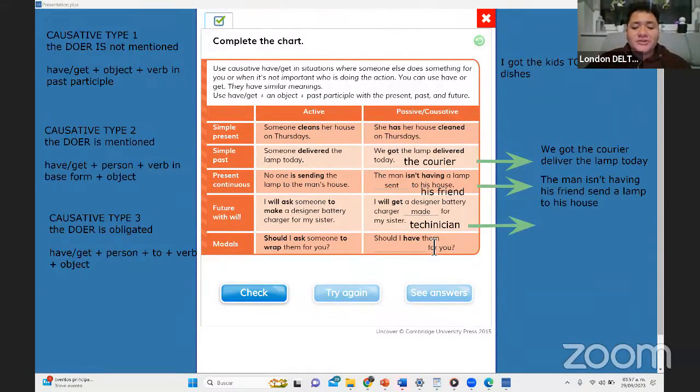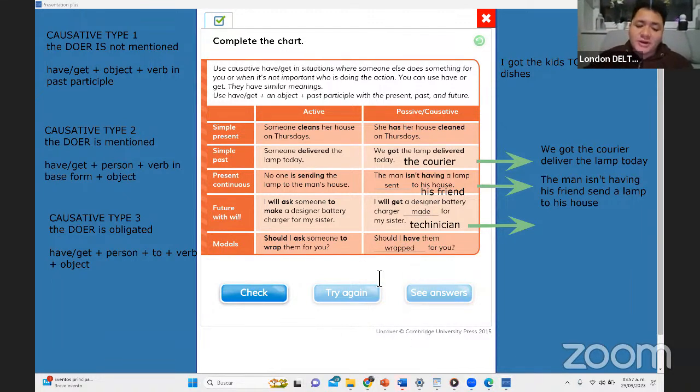Okay. So let's check number 2. It says, this with modals: should I ask someone to wrap them for you? Debería de pedirle a alguien que lo envuelva por ti. Should I have them wrapped for you? Debería mandarlo a envolver por ti. No sé, por ejemplo, un regalo, right? So we could do this.